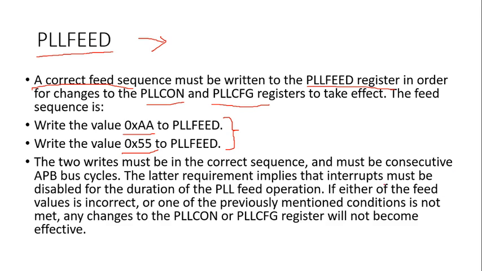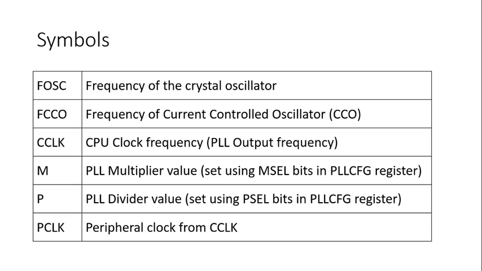The latter requirement implies that interrupts must be disabled for the duration of the PLL feed operation. Just forget that. Just remember that for PLL feed, first you have to give AA and then 55. This sequence is very important in case of the PLL feed register. Without that, the circuit will not work properly, or the changes will not be reflected.